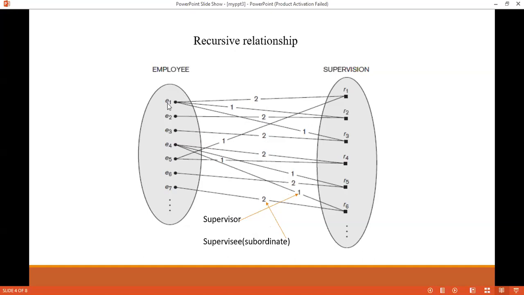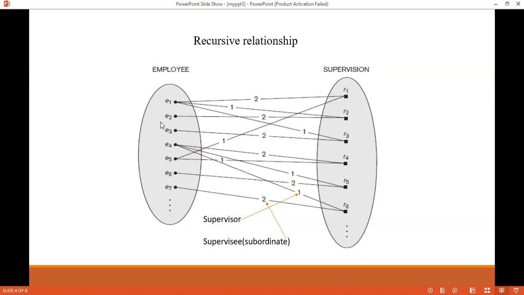So E1 supervises, participating in relationship R2, and even supervises E2. E2 is a subordinate of E1. Similarly, E1 is a subordinate of E5, or E5 is a supervisor for E1. Next, E3 is a subordinate of E1. E1 is a supervisor for E3.